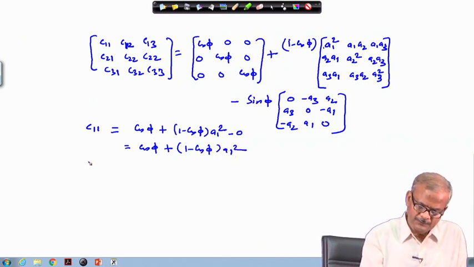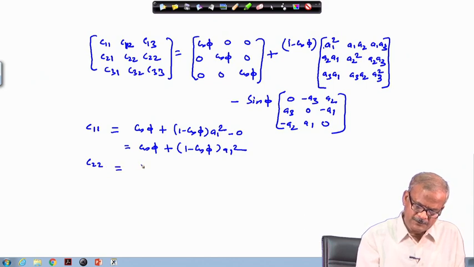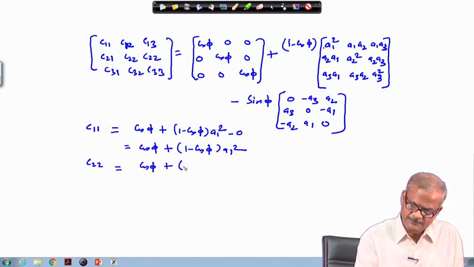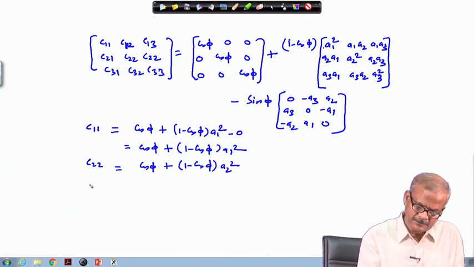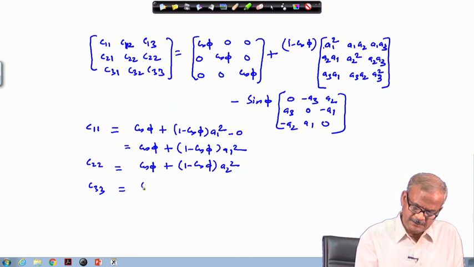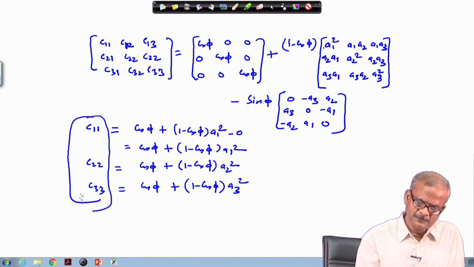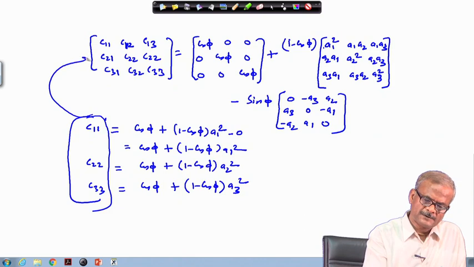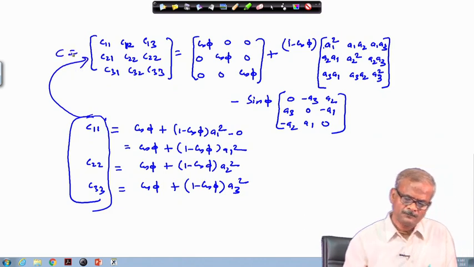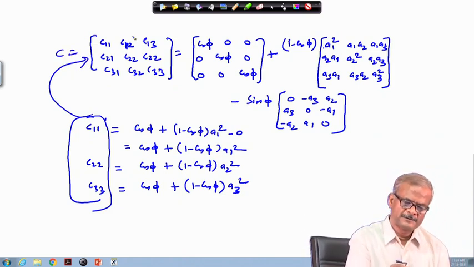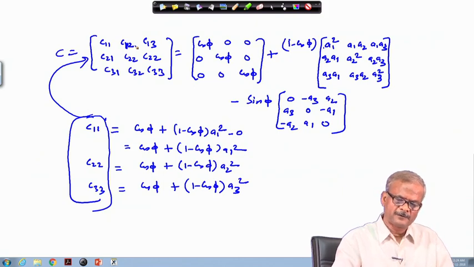In the same way, C 22 will be cos phi plus 1 minus cos phi times A 2 square, and C 33 equal to cos phi plus 1 minus cos phi A 3 square. So, the diagonal elements of this matrix C are known this way. It remains to find out the off diagonal terms.